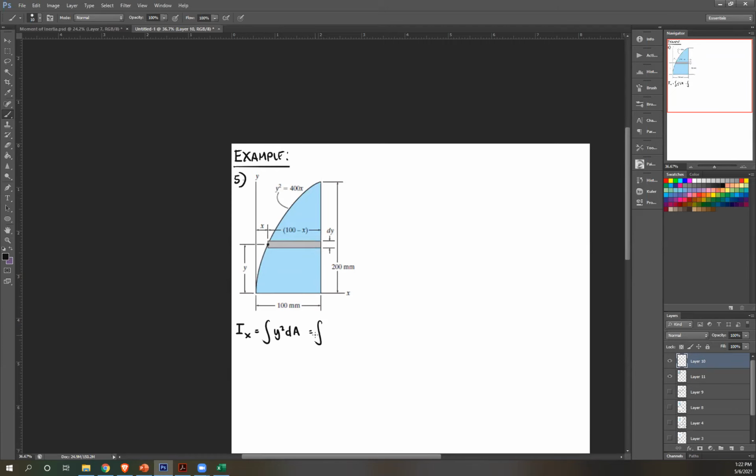So the next step is to take an element parallel to that. So that's why we have this. Base is this, height is dy. Rewriting our equation, this remains as y squared. Now let's create an equation for your differential area. Again, it's base times height. So the question here is, what is our base? How do I get this? Can anybody tell me what is the equation for this?